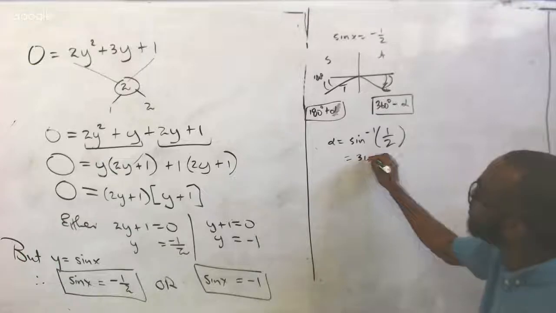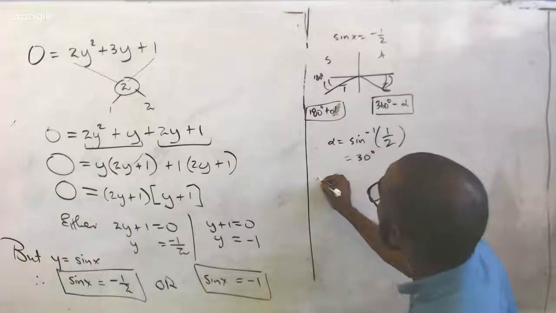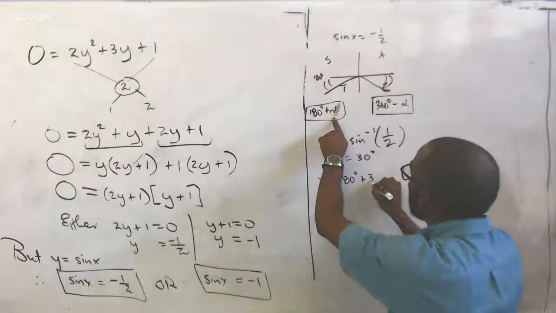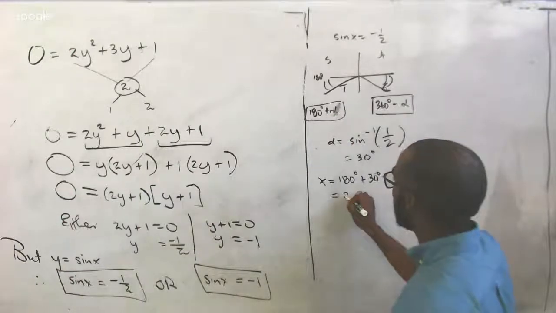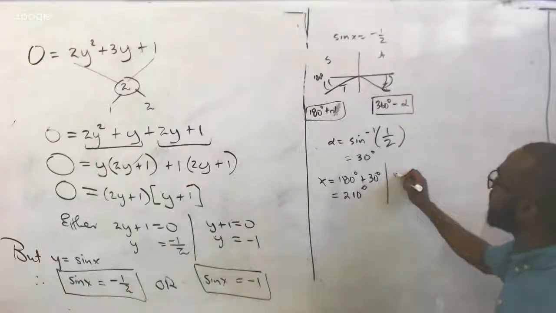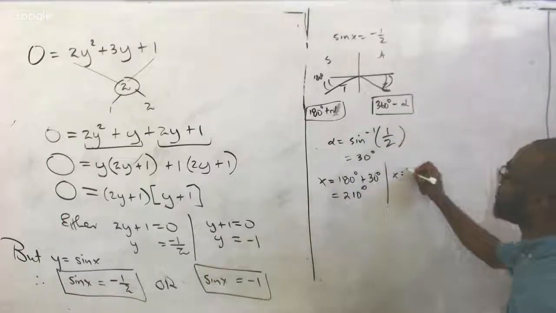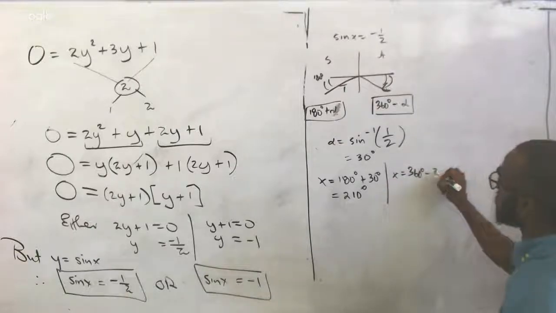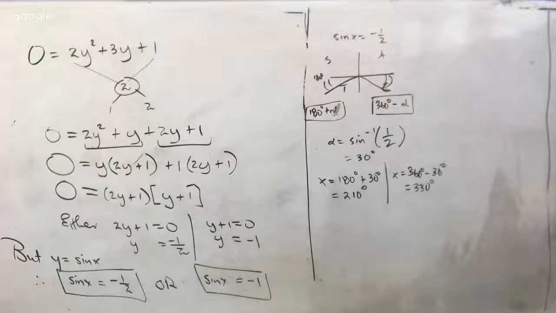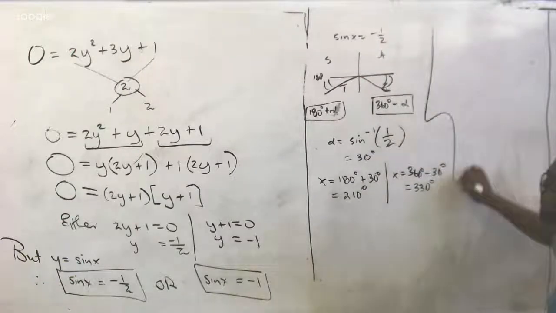The answer here is x equals 180 plus the alpha, which is 30 degrees, which is 210, or x equals 360 minus 30, which is 330 degrees. How many sets of solutions do I need? Only one, right?